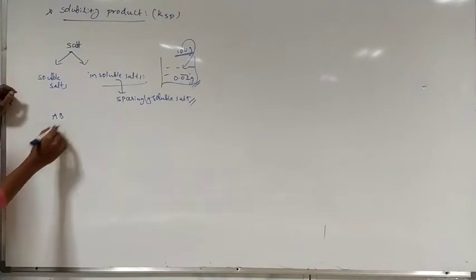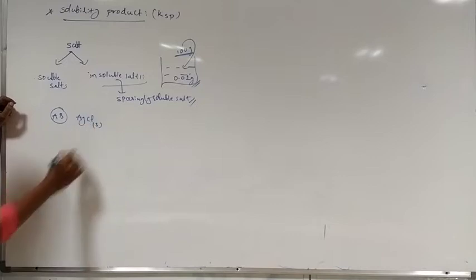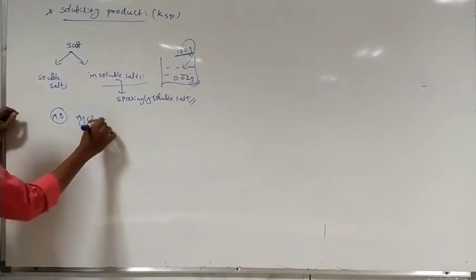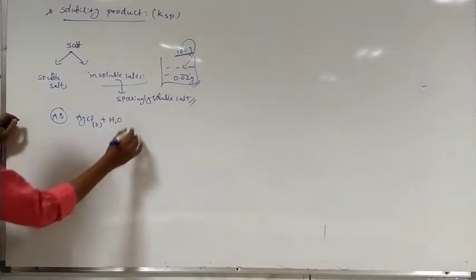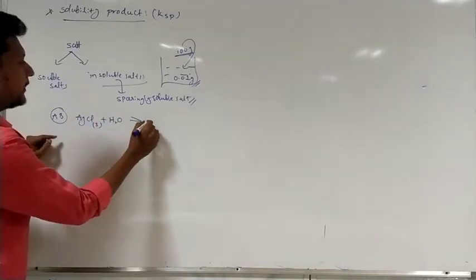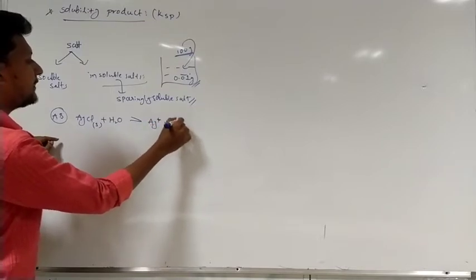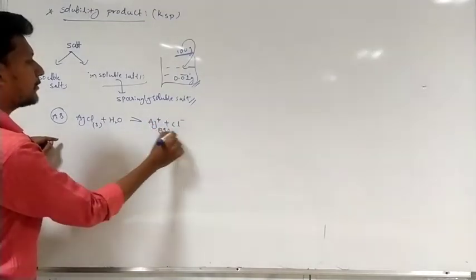For example, I am taking AgCl, a salt which is present in the solid state. It is dissolved in water, and it can form Ag+ ions plus Cl- ions in aqueous solution.